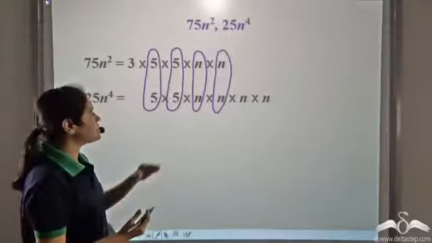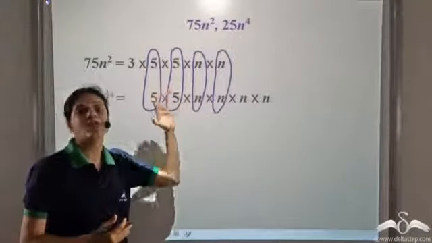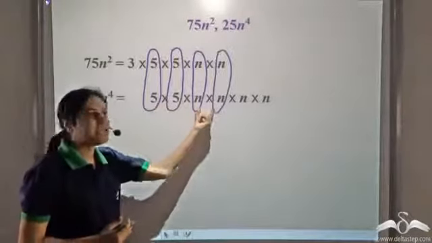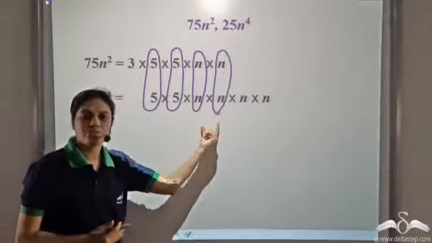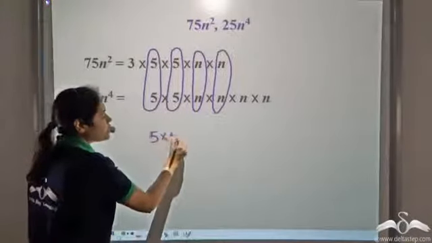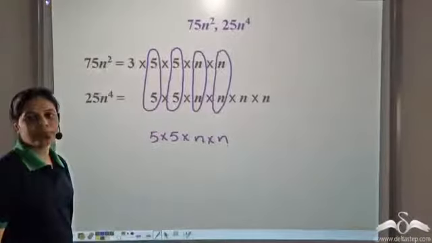So we need to consider 5 and also how many times it is occurring in both. So 5 occurs twice in both and n occurs twice in both. So the HCF will be 5 into 5 into n into n.